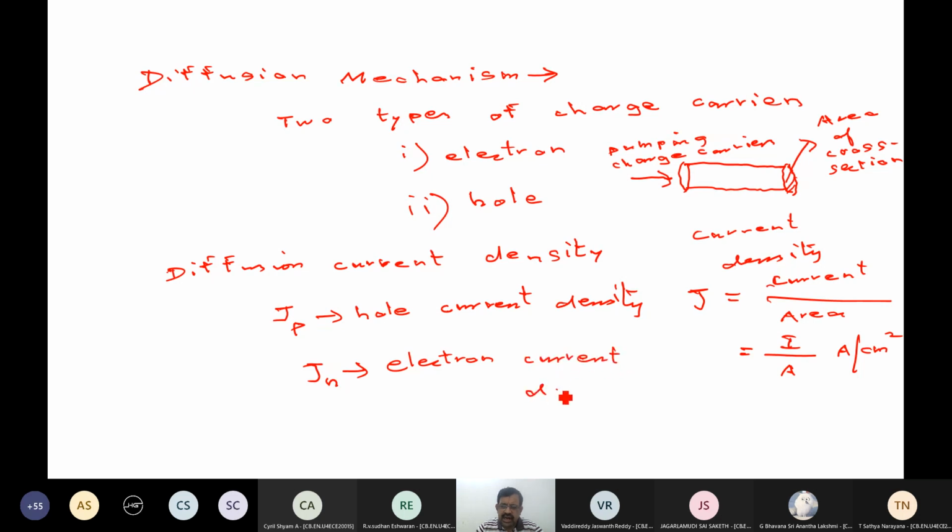So the net current is a sum of these two currents, so it becomes Jn plus Jp. That is the net current in the semiconductor.